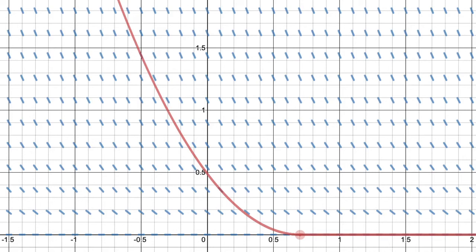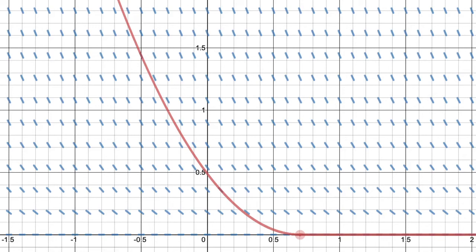And so, in particular, this solution curve is the solution of the initial value problem, our differential equation together with the initial condition y at x equals 1 equals 0.